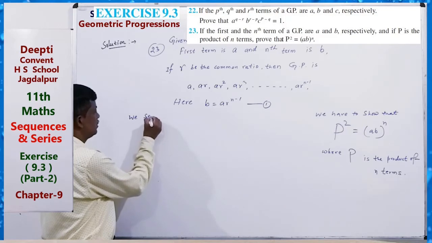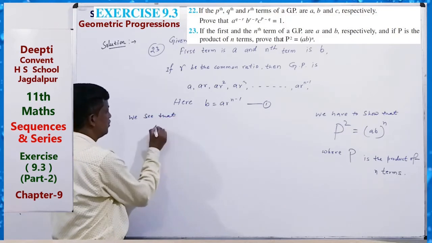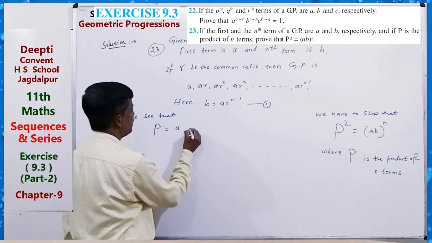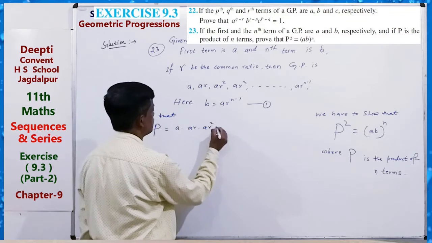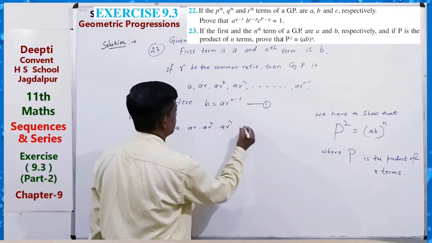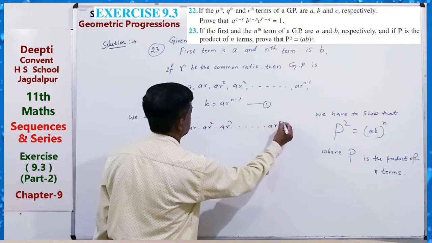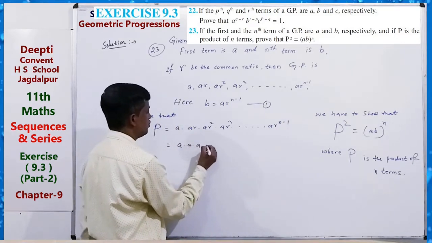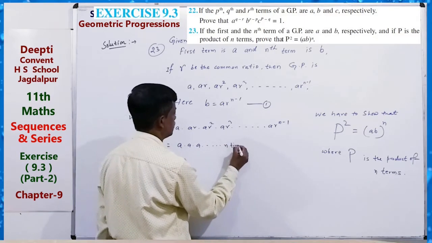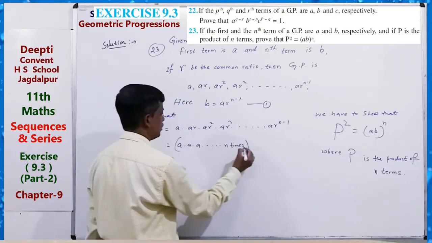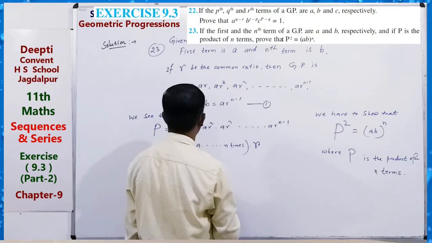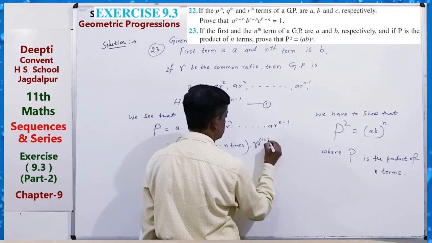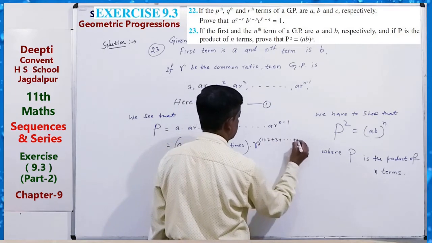We see that P equals A into AR into AR square into AR cube into up to AR to the power n minus 1. So here A, n times, and R to the power 1, 2, 3 up to n minus 1, that is, 1 plus 2 plus 3 up to n minus 1.